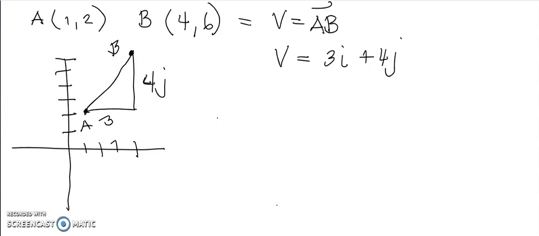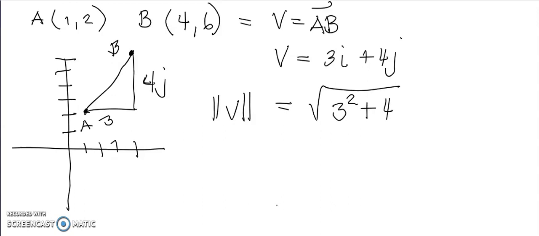To find the magnitude, the magnitude of v is equal to the square root of 3 squared plus 4 squared, which is 9 plus 16. We get the square root of 25.